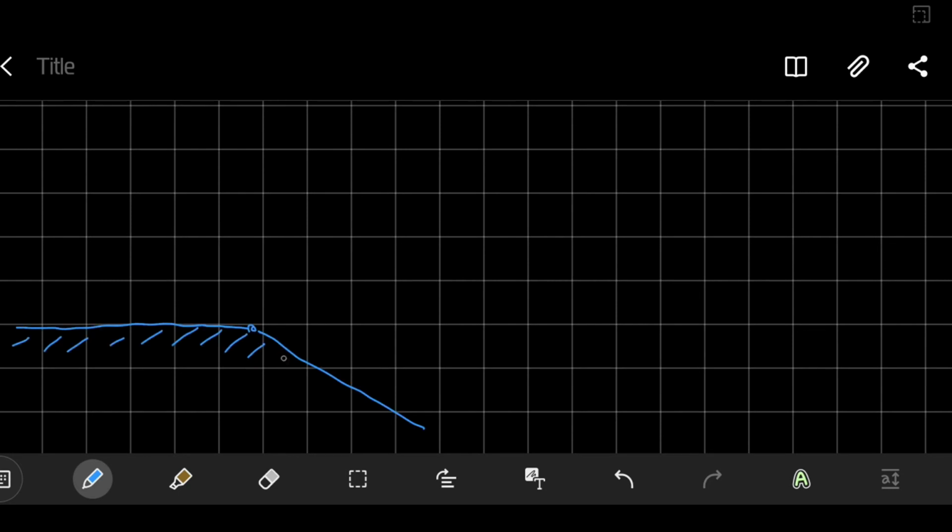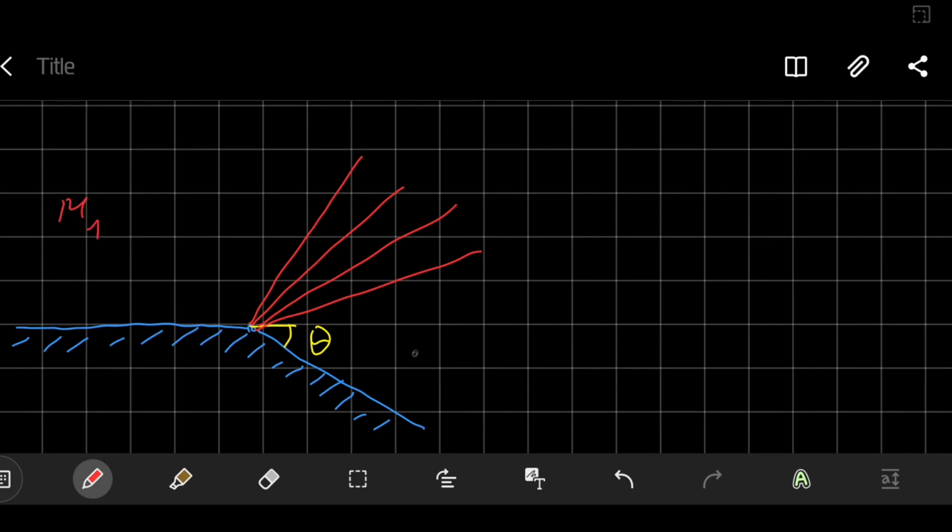We have a body with some sudden change of the geometry on angle theta, and then we start to have an expansion fan. On this expansion fan, we have a continuous change of all the flow properties. Mach number increases, and all the thermodynamic flow properties decrease.